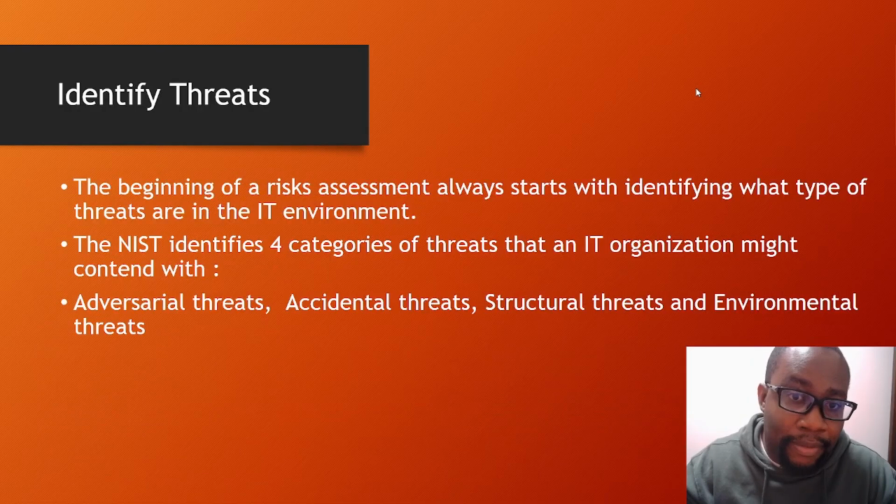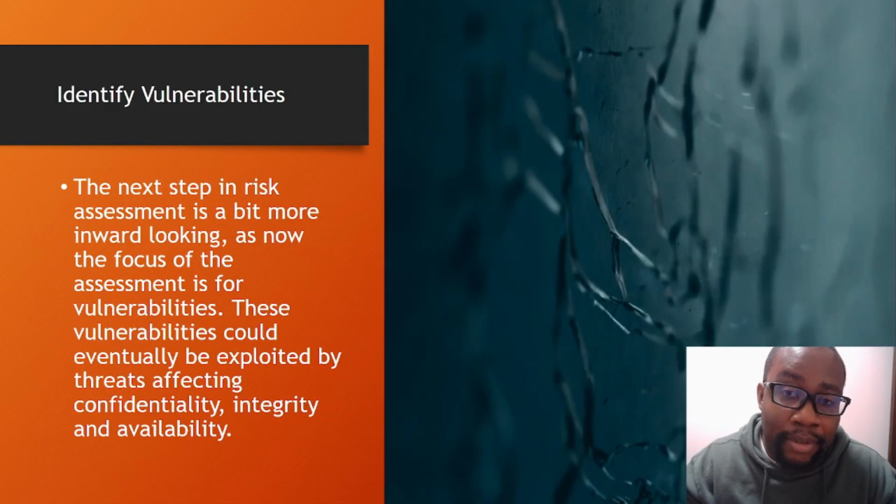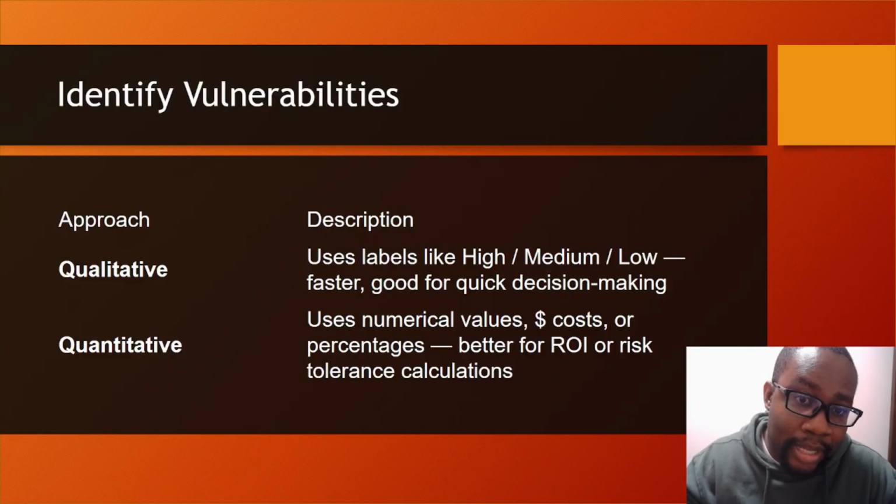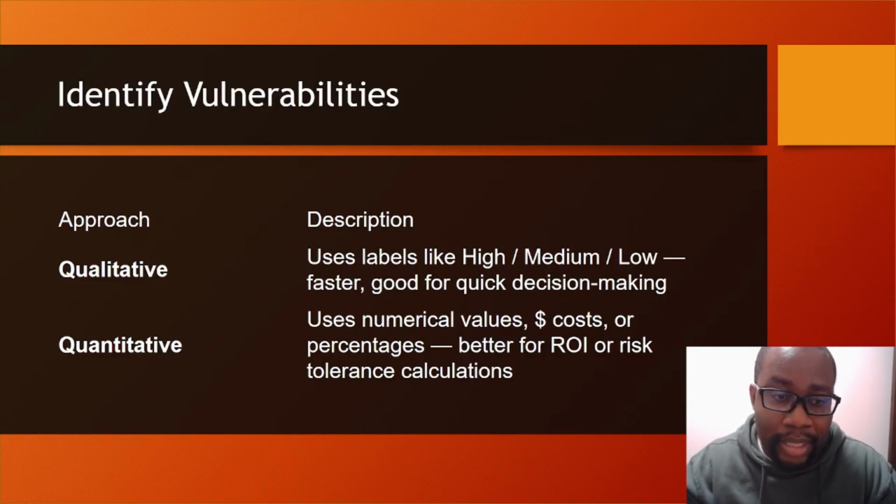We went over identifying threats, identifying vulnerabilities, determining likelihood, impact, and risk, and went into more identifying vulnerabilities and looking at the difference between qualitative and quantitative risk analysis. Didn't have a fancy slide for that final one, forgot to put that in.